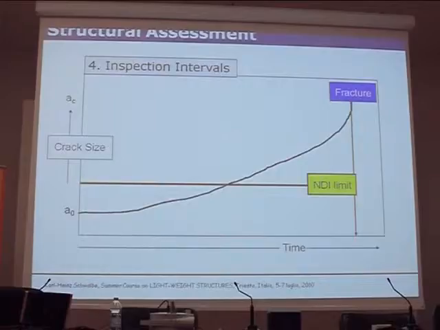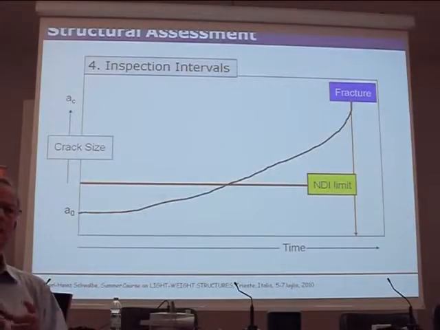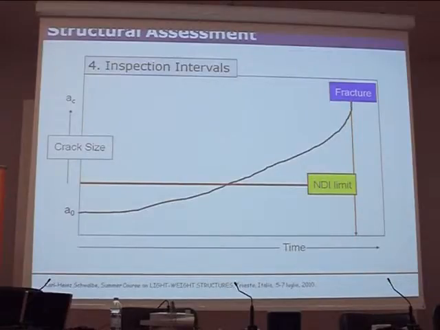It may happen that a crack is in the structure, but we can't find it, because either the resolution of our system is not high enough, or the location of the crack is hidden behind something, and so our calculated residual lifetime is of no value, which means that below here we can't apply fracture mechanics.